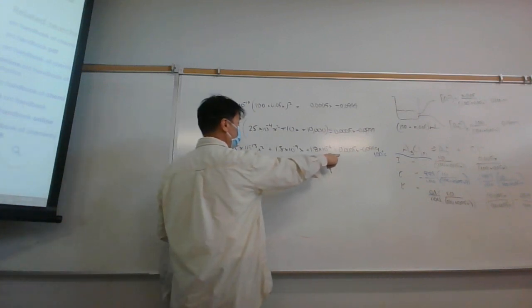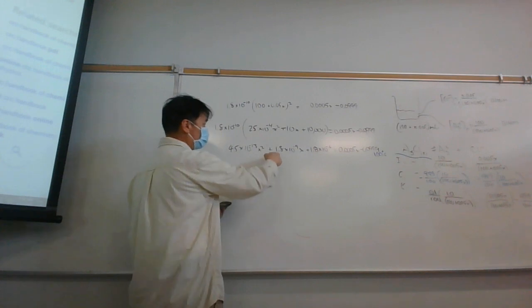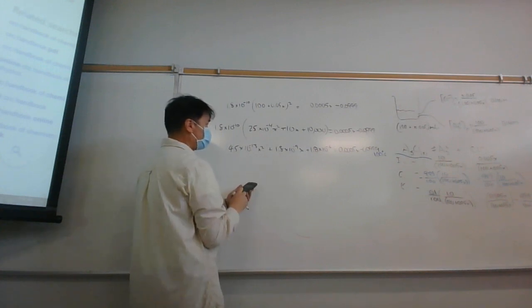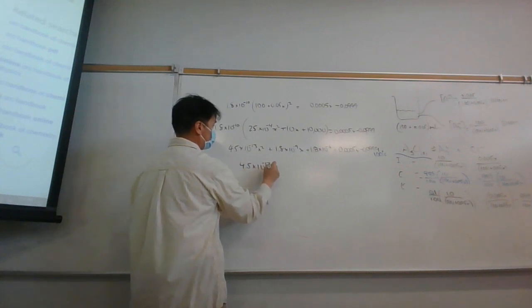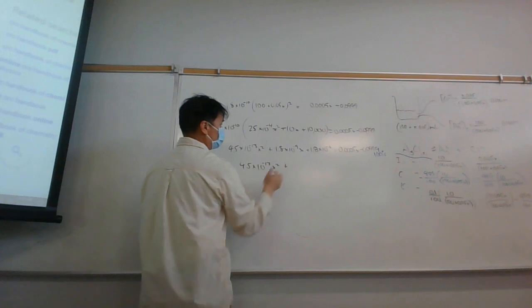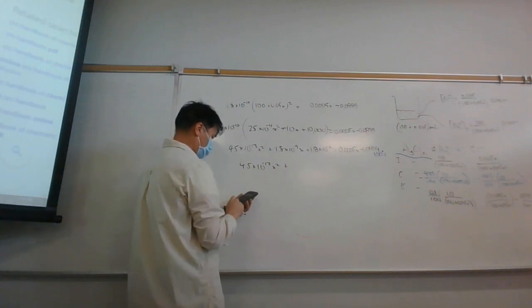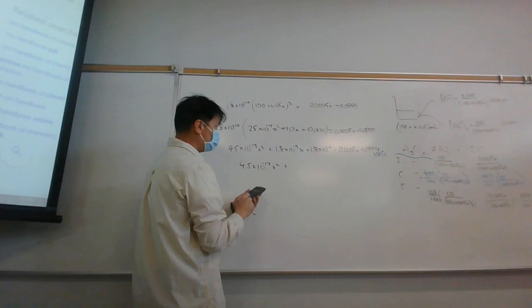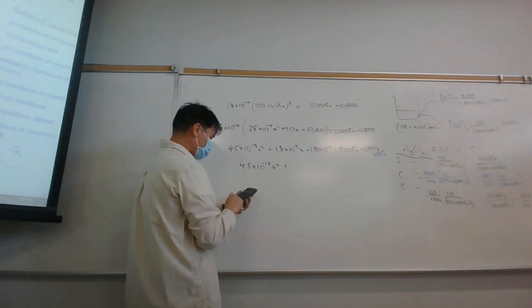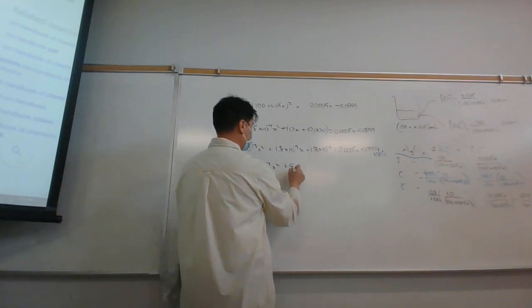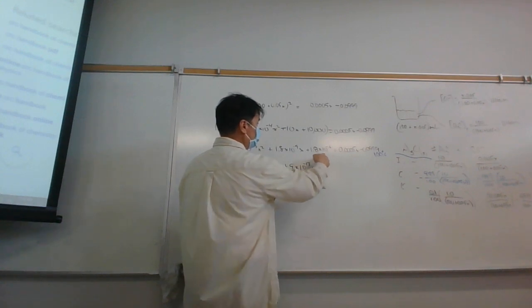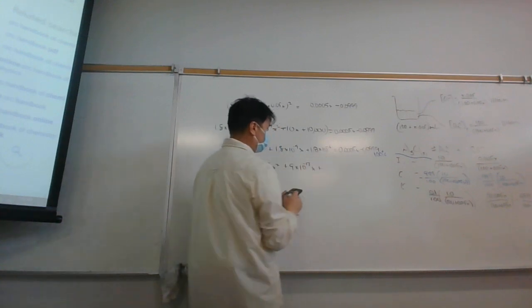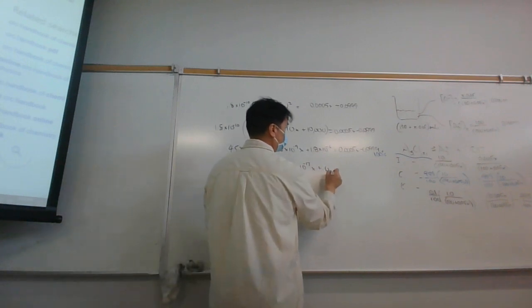So we're going to add 5 times 10 to the minus 4 x to both sides here. And so we have 4.5 times 10 to the minus 13 x squared plus 0.005 times 1.8 times 10 to the minus 9, which is 9 times 10 to the minus 13 x, plus, add this to both sides, and so this is going to be 0.099.